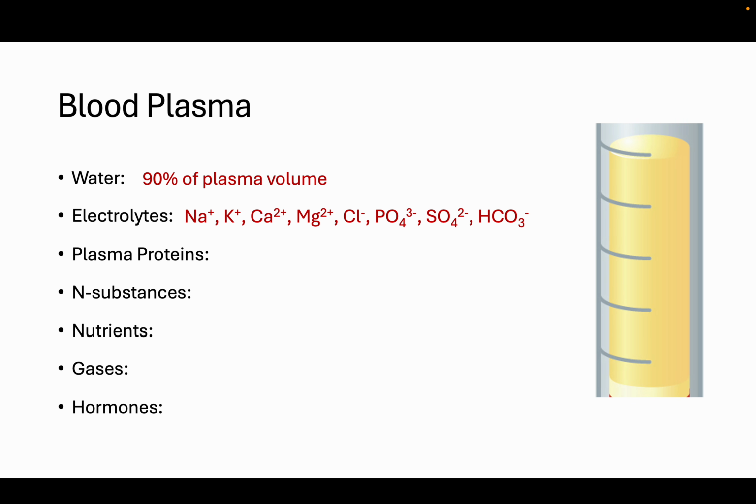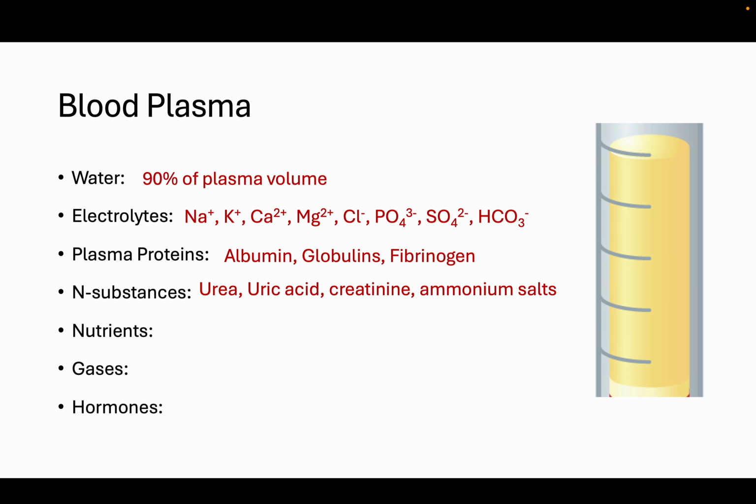Electrolytes, major ones include sodium, potassium, calcium, and magnesium. Negatively charged electrolytes include chloride ions, phosphates, sulfates, and bicarbonate ions. Three major plasma proteins: the albumin, the globulins, and the fibrinogen.